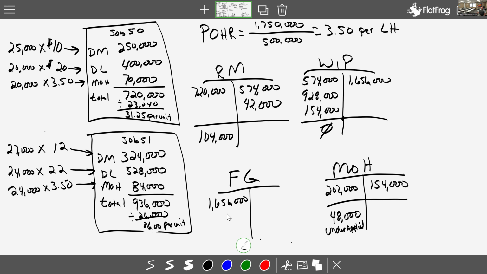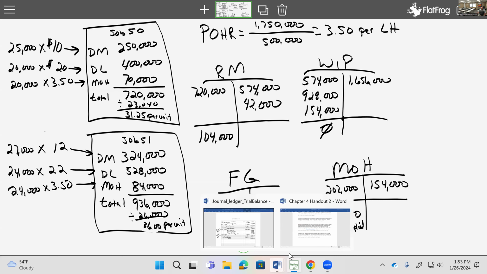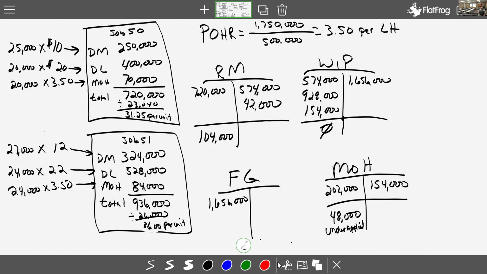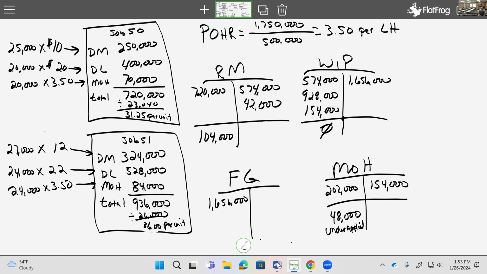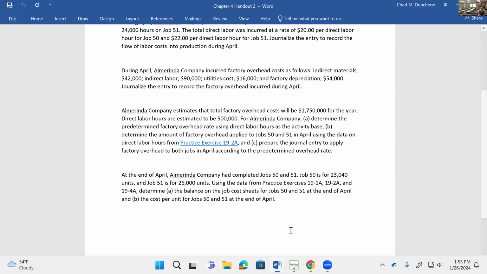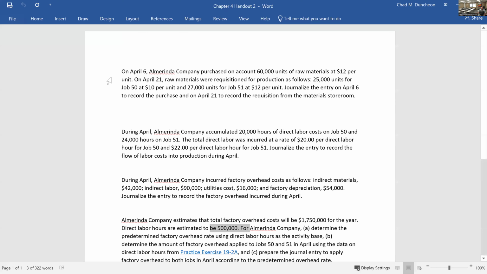So just to reiterate what happened here, let me go back to this. At the top, we purchase materials, and it goes into our raw materials inventory. When we requisition materials, it moves out of raw materials and goes into the work in process.